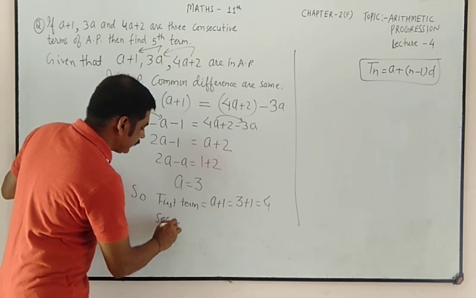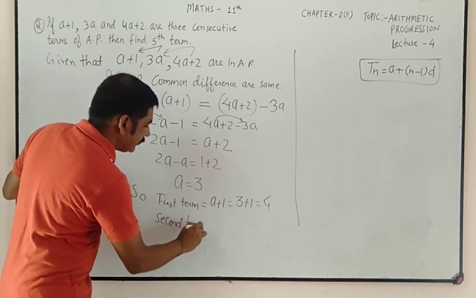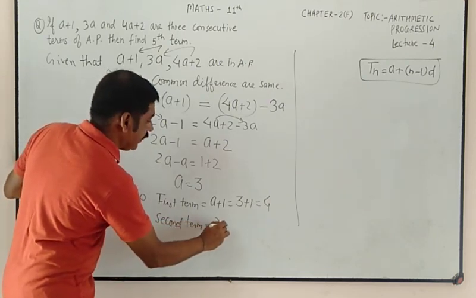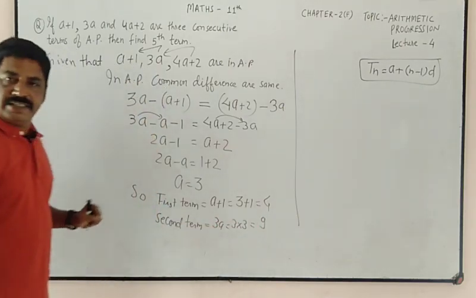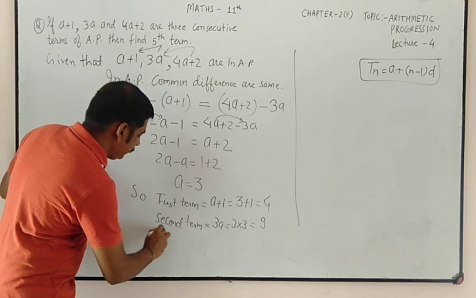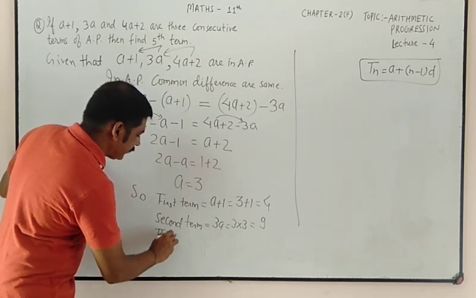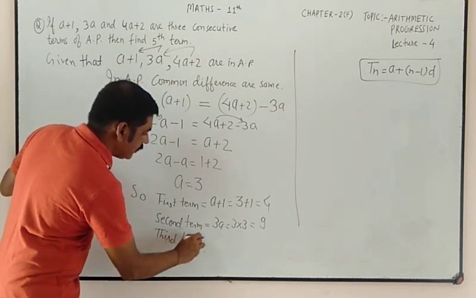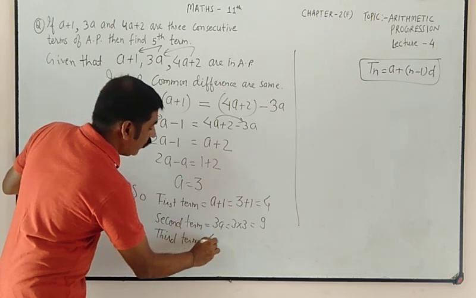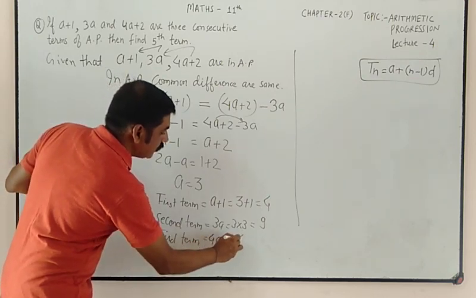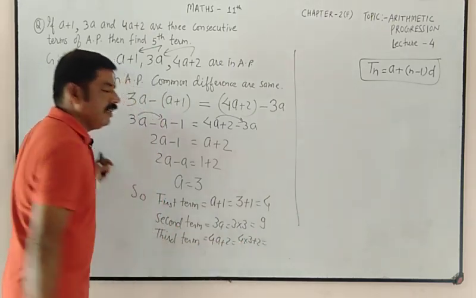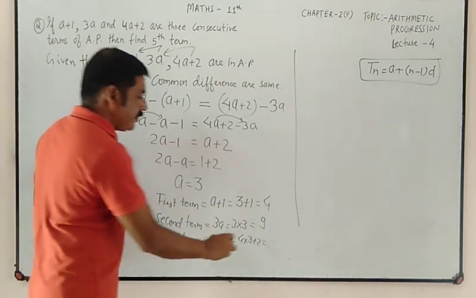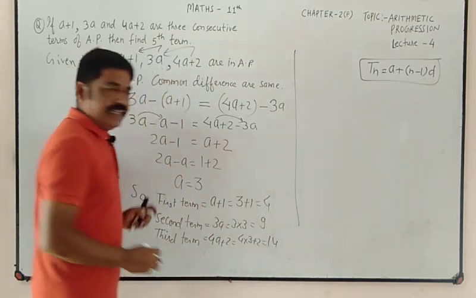Second term is equal to 3a. So 3 into 3, 9, right? And third term is 4a plus 2. 4 into 3 plus 2. 4 3s are 12, and 12 plus 2, 14, right?